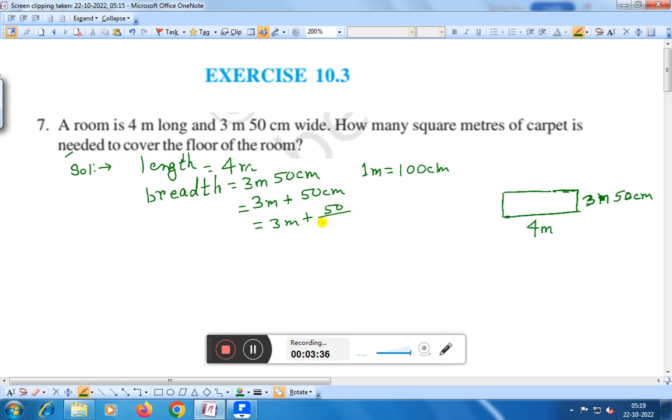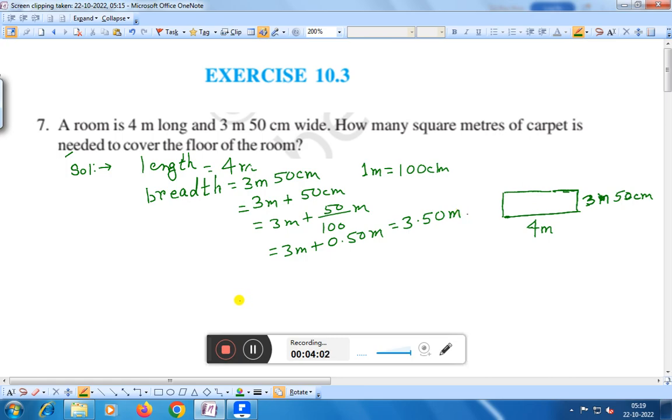Therefore we are getting 3 meter plus 0.50 meter. We add the numbers, we are getting 3.50 meter, right?